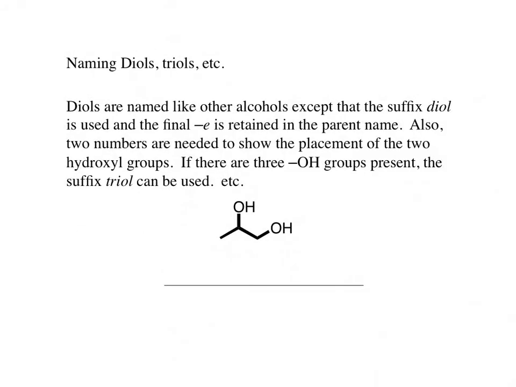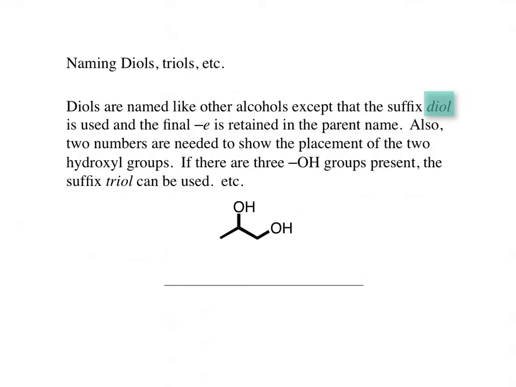Now as far as diols, triols, etc., that is where you have obviously 2 alcohols or 3 alcohols in the molecule. We're going to be naming them just like regular alcohols, except that if, say for example, you have a diol, we're going to change the ending to diol.